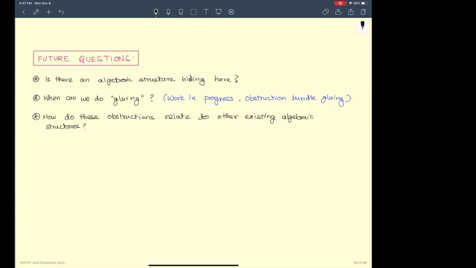Some obstruction bundle gluing techniques can glue them because they're nice, even though they're in negative dimension moduli spaces. And then there are other algebraic structures and capacities that people have already developed. Hopefully we can find some connections.